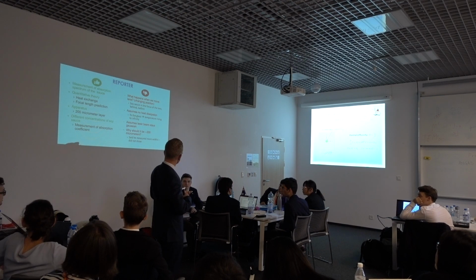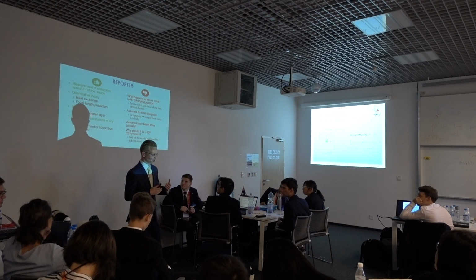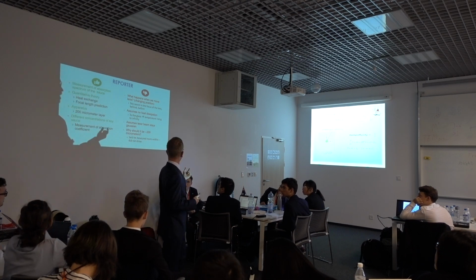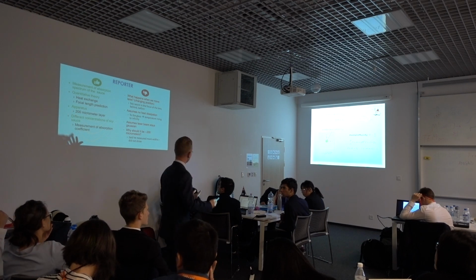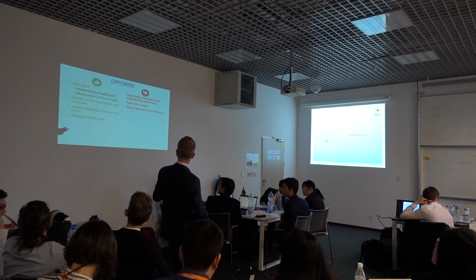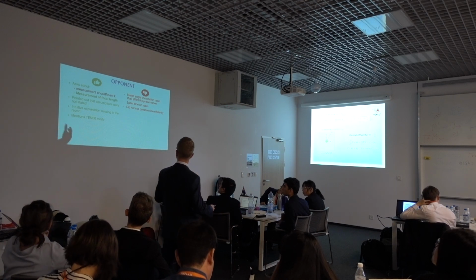Also, they did not explain why precisely we should use 200 micrometers of soy sauce and why to use soy sauce at all. Then, to the opponent, we liked his questions on focal length, its measurement, and so on.